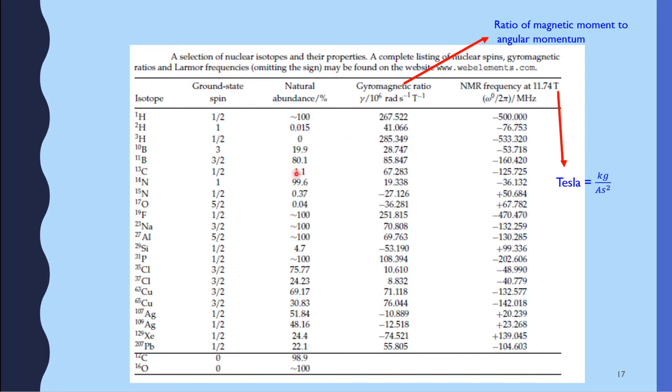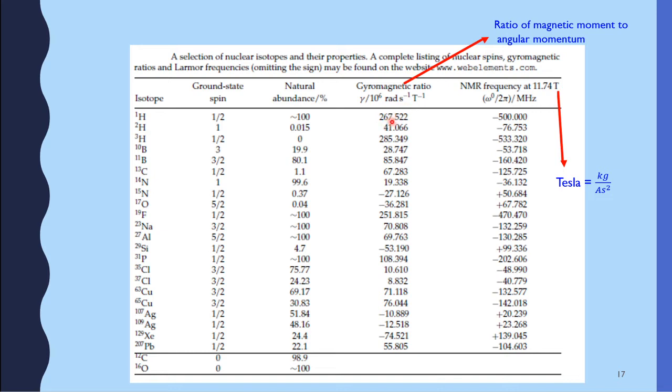This is an important table which shows a selection of nuclear isotopes. For example, you have the proton with a spin of half and a natural abundance of 100, and this is the gyromagnetic ratio with the symbol gamma, which has the largest value.